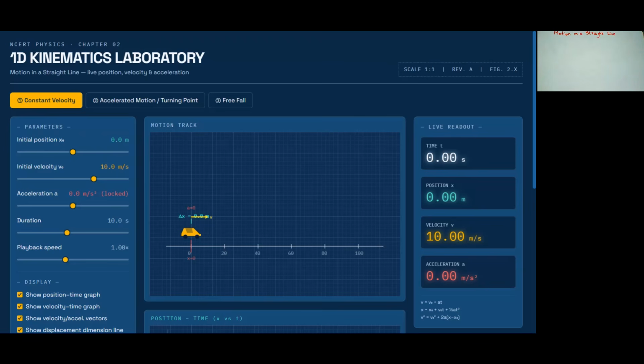So we can take any object. We are also one type of object. Suppose our position is changing with respect to time, that means motion. Correct, very good. So motion is a change in position.